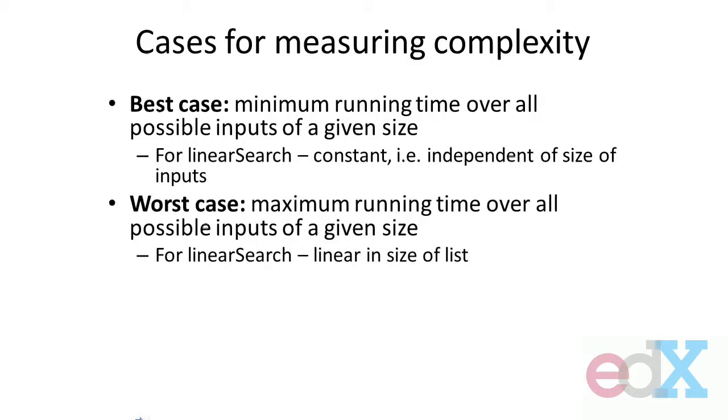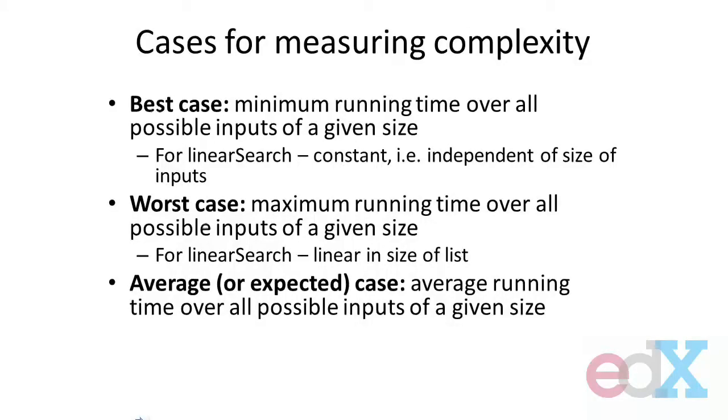What's the maximum running time over all possible inputs of a given size? And there what we see for linear search is that this is going to be linear in the size of the list. It's going to take some number of steps that depends on how long the list is. If I double the list, the worst case is going to double as well. That may be more useful to me. There's a third possibility, which is to use the average case or expected case.